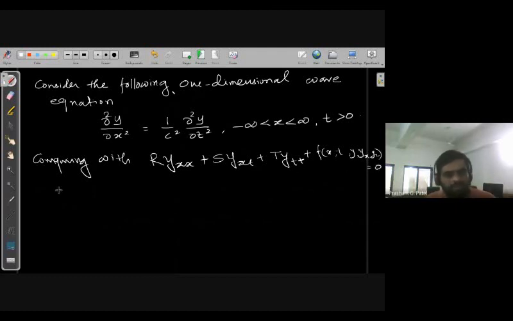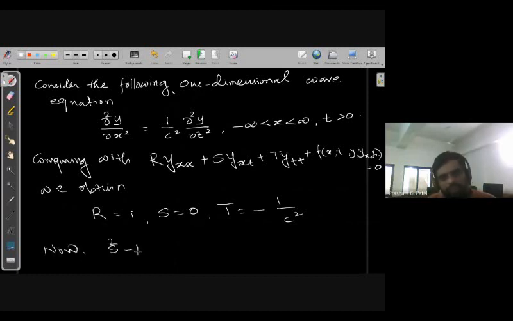If you compare with this, we obtain r equal to 1, s equal to 0, and t equal to minus 1 upon c square. Now we need to see what s square minus 4rt is.